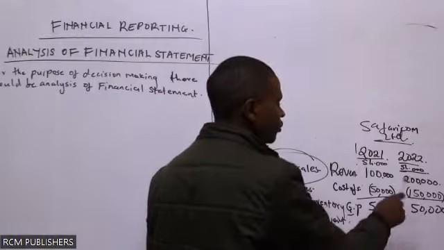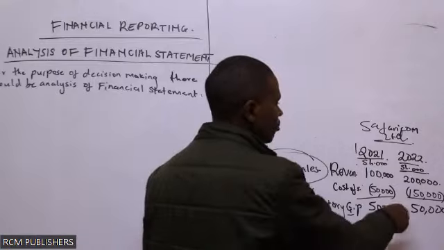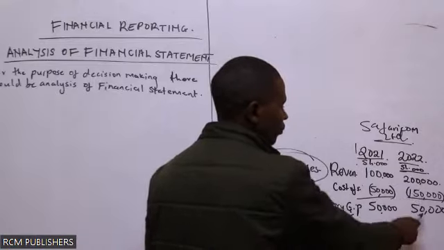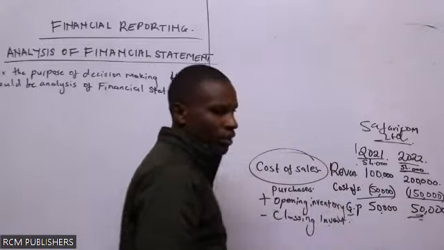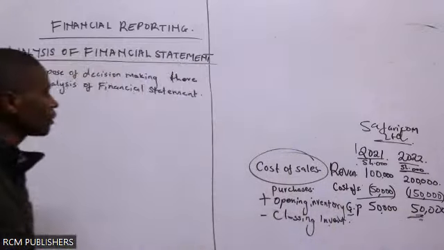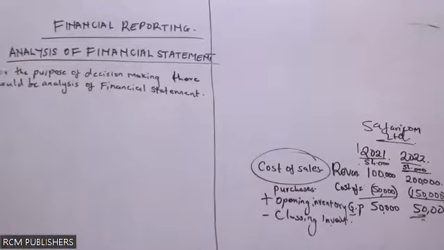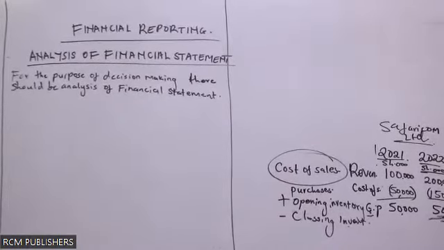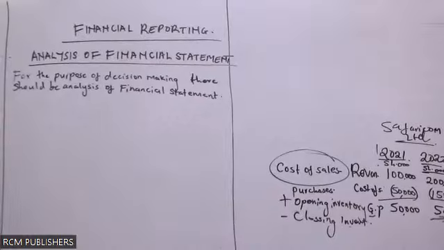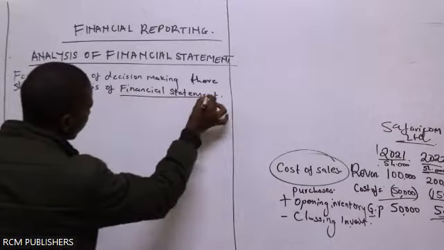If you had reduced your cost of sale by maybe 50,000, you could have got a gross profit of 100,000. So for the purpose of making a decision, we need to analyze the financial statement.